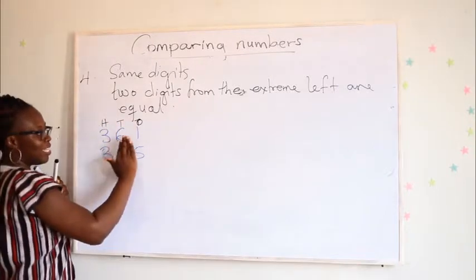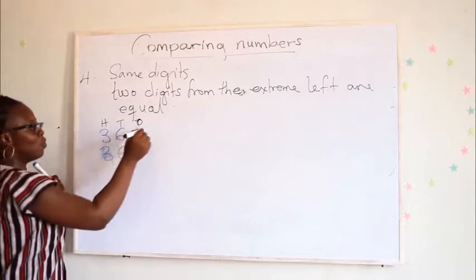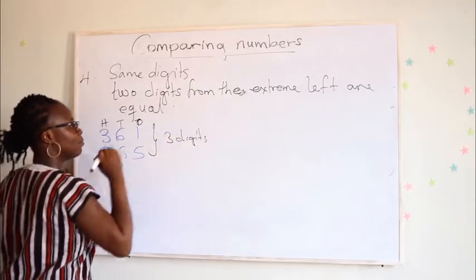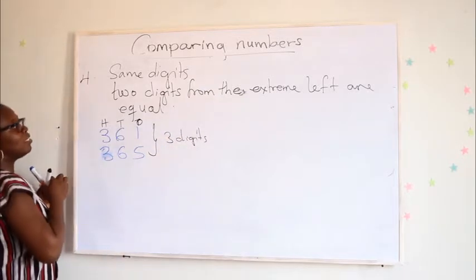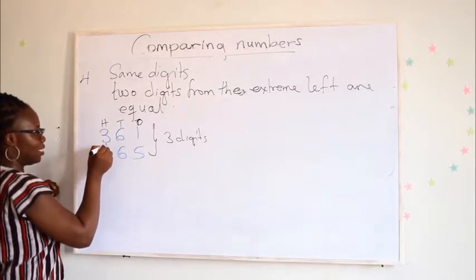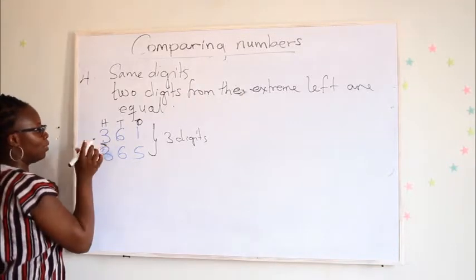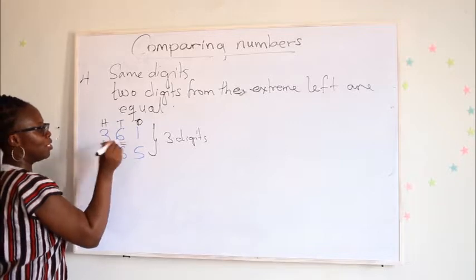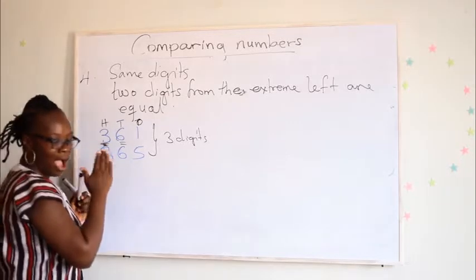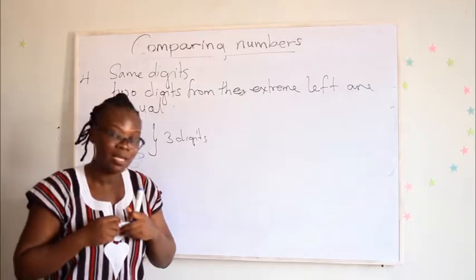So you realize that the digits are what? Equal. So the digits, they are what? 3 digits. If you look at the two digits from the extreme left, that is this and this are equal. This and this are equal, this is also what? Equal to what? That.